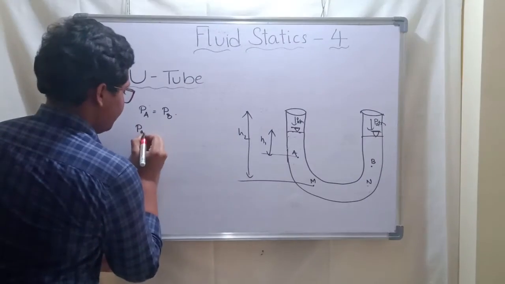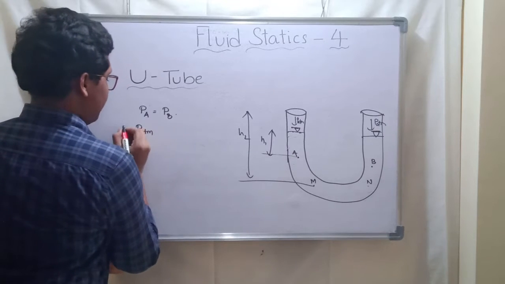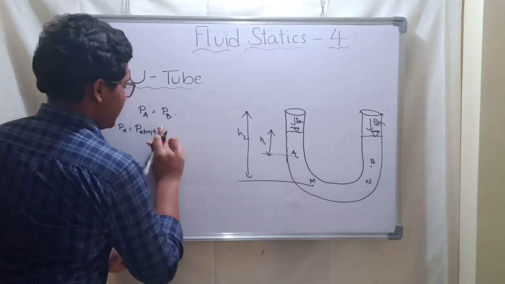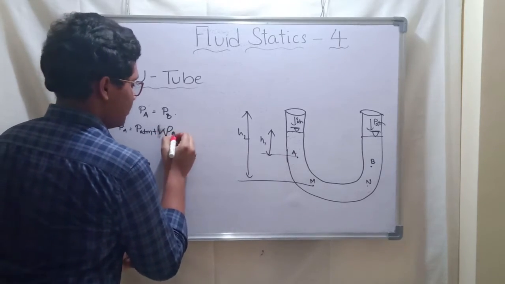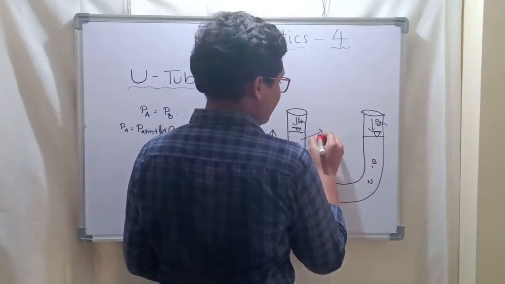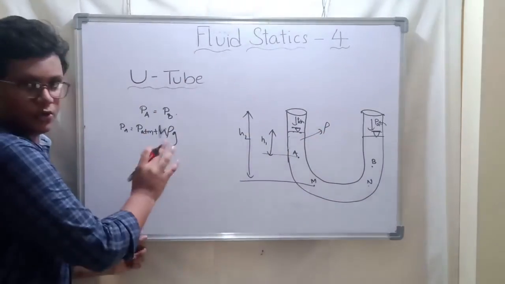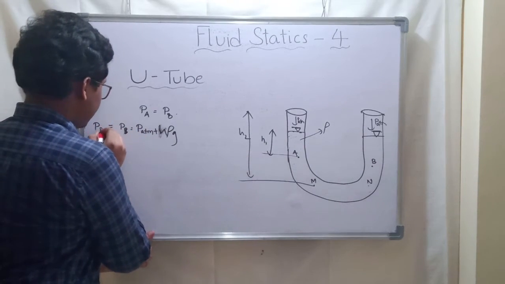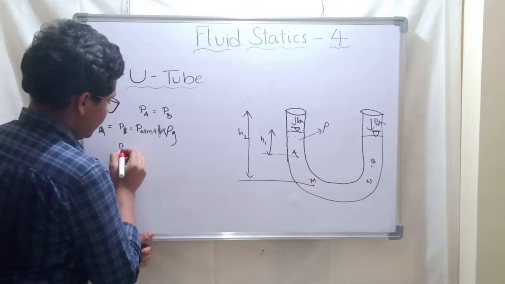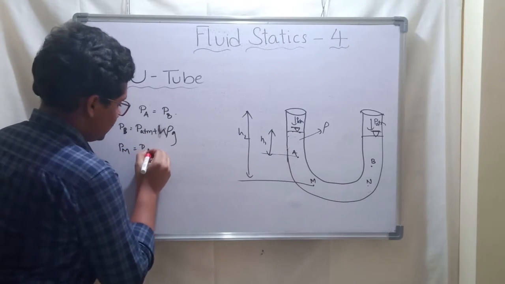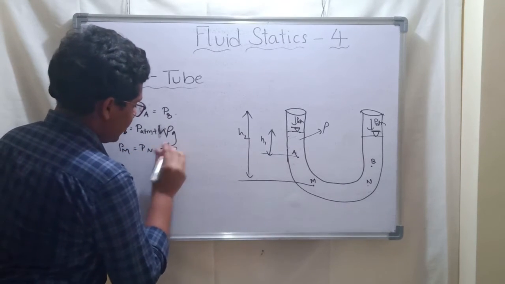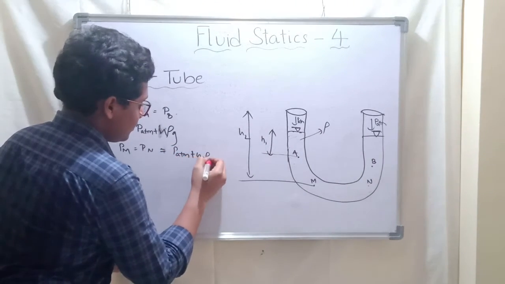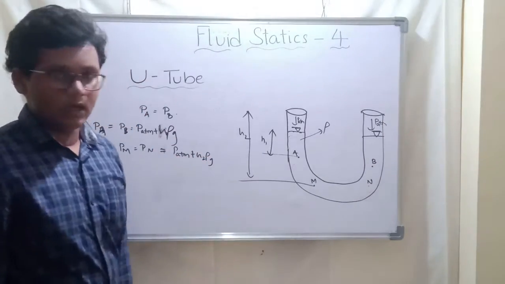Now PA is equal to PATM plus H1 rho G, since this liquid is of density rho. PA is equal to PB is equal to PATM plus H1 rho G, and PM is equal to PN is equal to PATM plus H2 rho G. This is H1 rho G and H2 rho G.